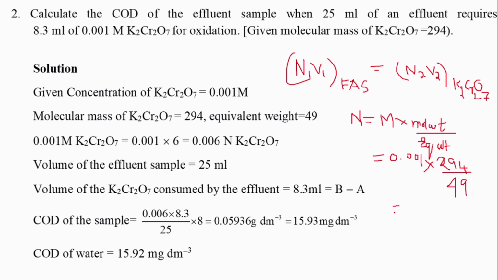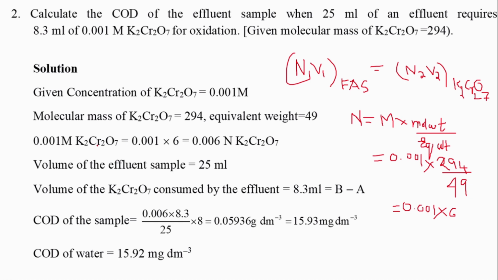So to convert the molar solution into the normal solution, simply multiply the molarity by 6. Remember, the 6 came from the molecular mass of K2Cr2O7 divided by the equivalent weight of K2Cr2O7. So that's what we have done here.